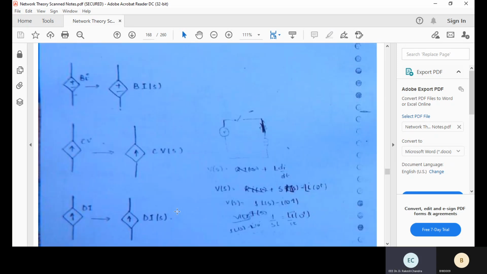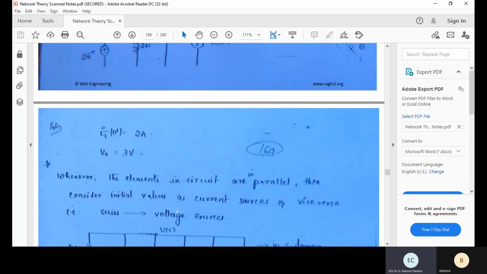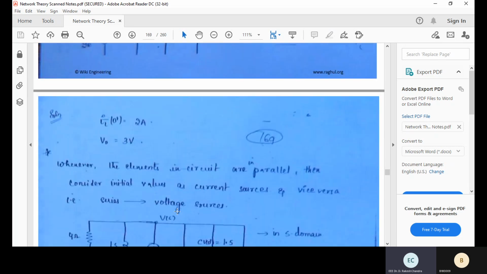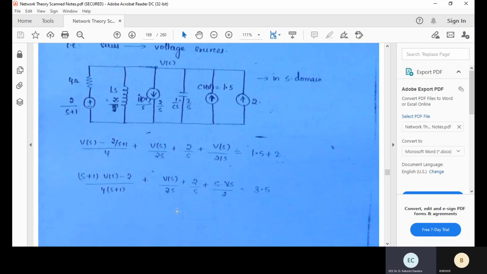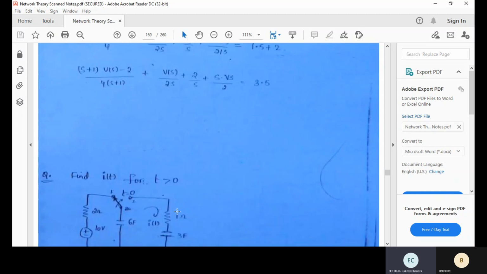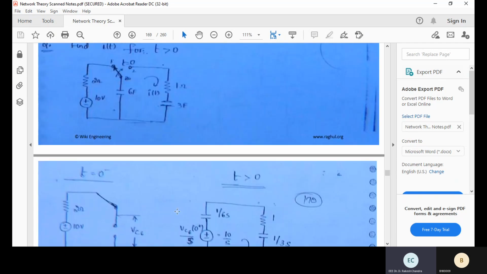Any other constant C V, so C into V of s, D into I of s. So like that. For inductor, L s into I of s. For capacitor, 1 by C s into I of s. So like that. Based upon those equations, just now we have seen the inductor behavior, capacitor behavior, and their initial conditions. Based upon that, it will be evaluated.